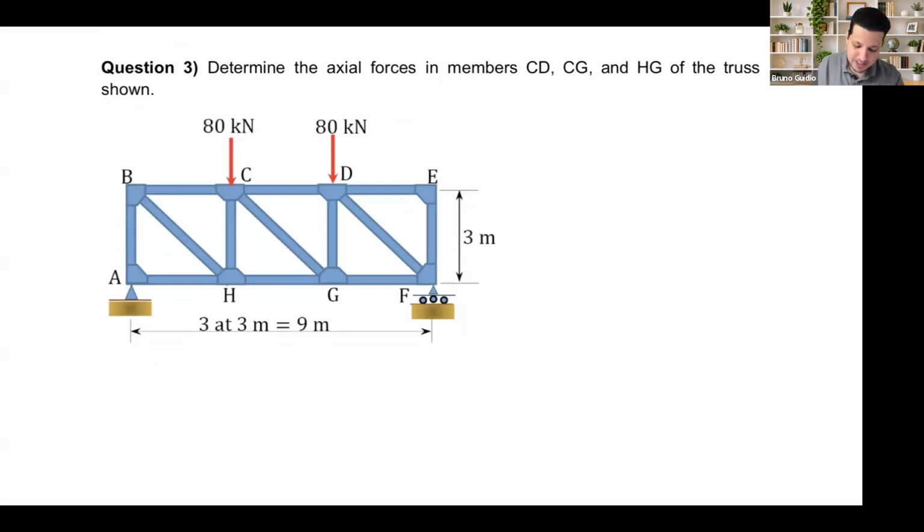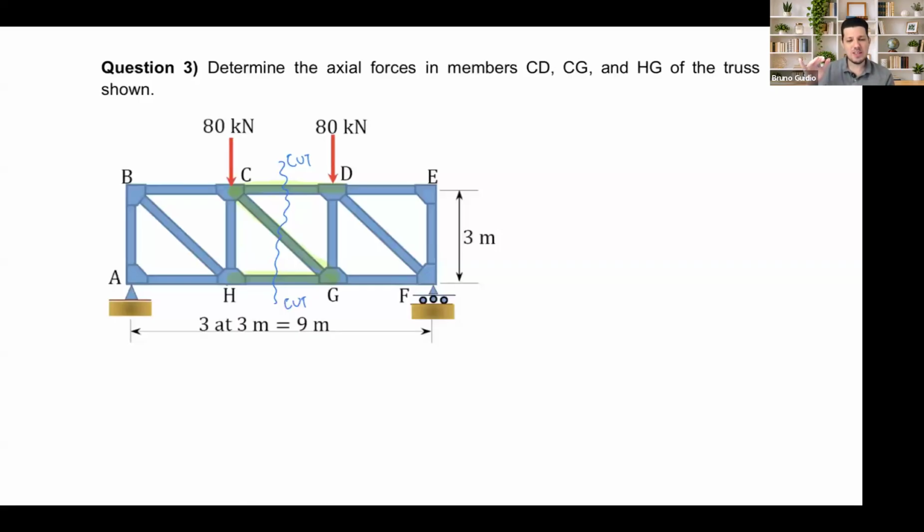I want to find CD, CG, and HG, those three members. As I said, you can use joints or sections. Here, I will use sections. Let me tell you one thing again: to make the cut in sections, we need to start outside the truss, cut 1, 2, 3 members, and go out the other side.